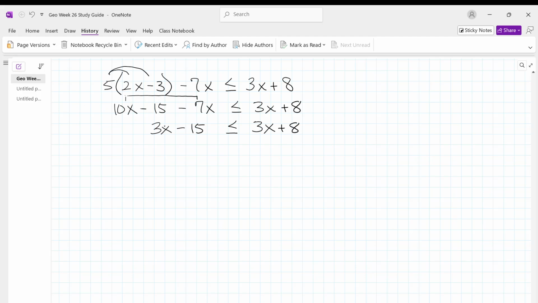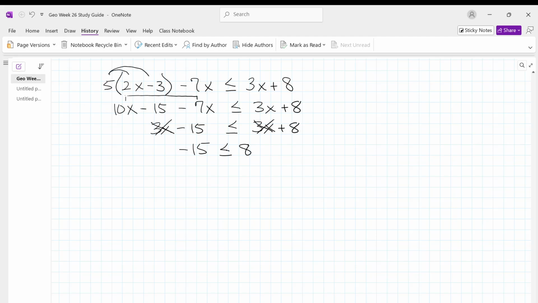And then we've got a 3x on each side, right? So can't we just get rid of it? We can do this. And we're left with negative 15 is less than or equal to positive 8. So then you ask yourself, is negative 15 less than or equal to 8? Yeah.